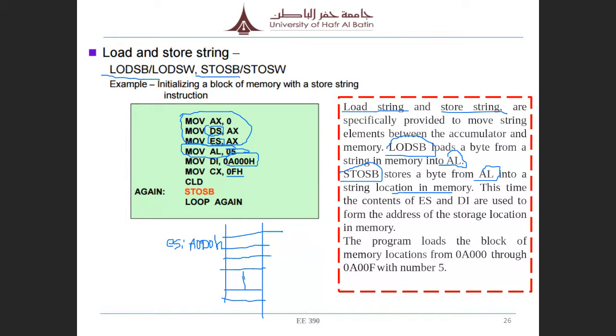So 05 will be loaded into this memory location, and 05 again in the next one. How many times? 15 times, so all of them will be 05. So we can say string data goes from the accumulator to memory.